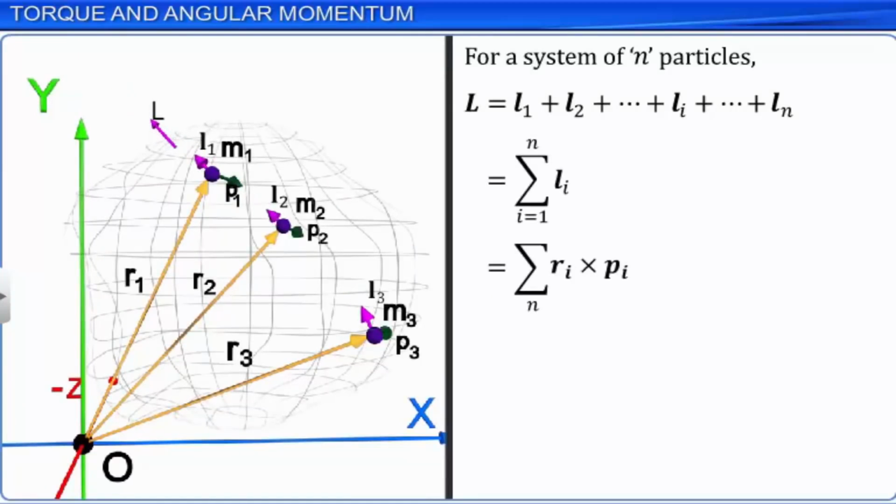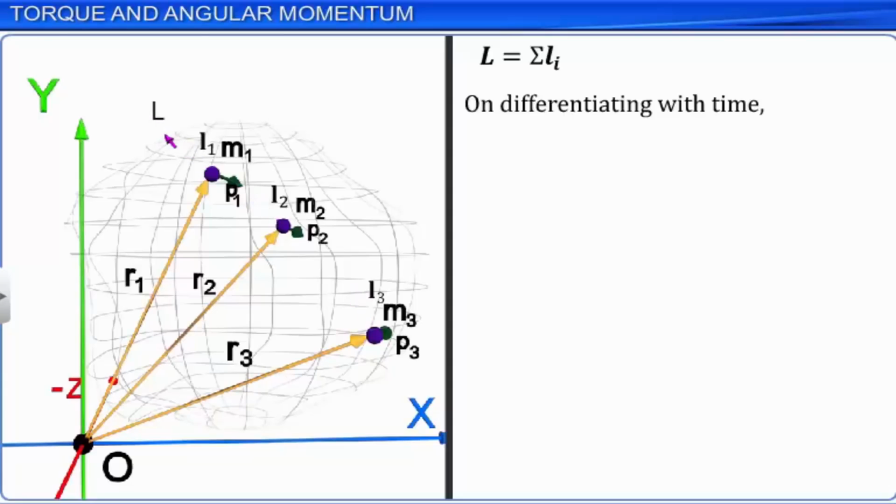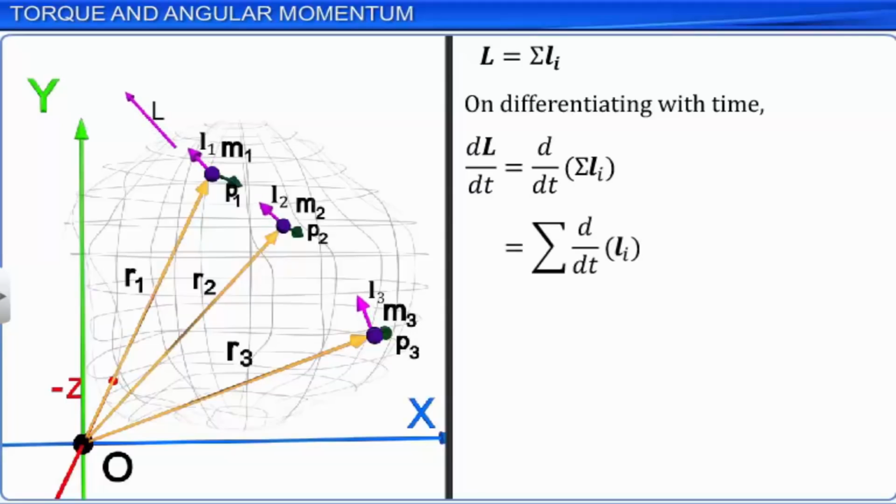On differentiating both sides of the expression with time and simplifying, we get dL by dt is equal to sigma tau i, where tau i is the torque on the ith particle of the system of particles.